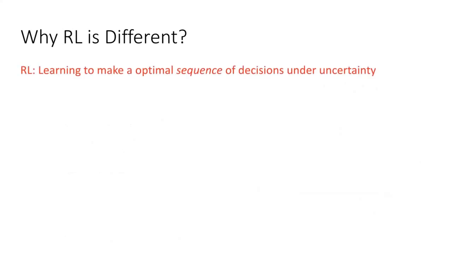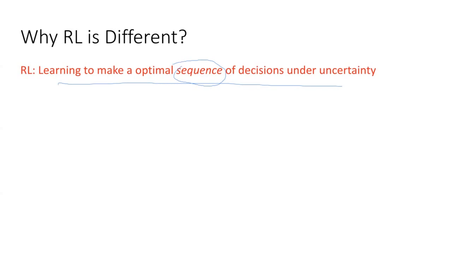Obviously, from this example, you notice that reinforcement learning is essentially learning to make a sequence of optimal decisions. So the one important keyword here is that you are taking a sequence of optimal decisions, and especially the next state of the world may be uncertain. There may be some stochastic dynamics involved.